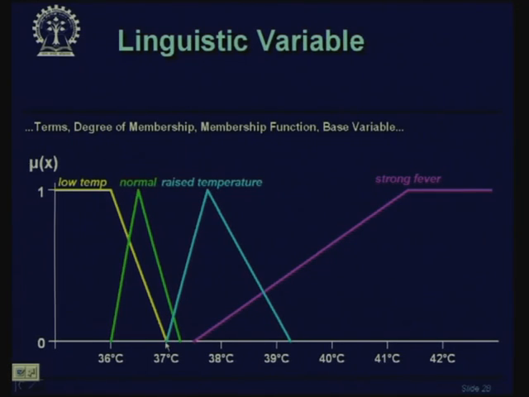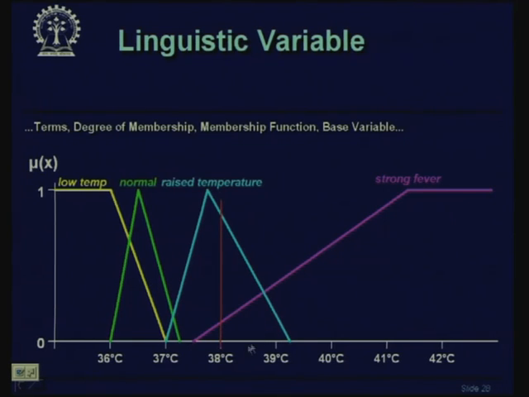Raised temperature, we start from here, and strong fever starts from here and goes up like this. So, you see over the same crisp set we can define different fuzzy sets based on different linguistic variables. So, these are the different terms. Corresponding to each term we will have a different fuzzy set, and there will be a different membership function which defines the degree of membership of the different values of the crisp set.